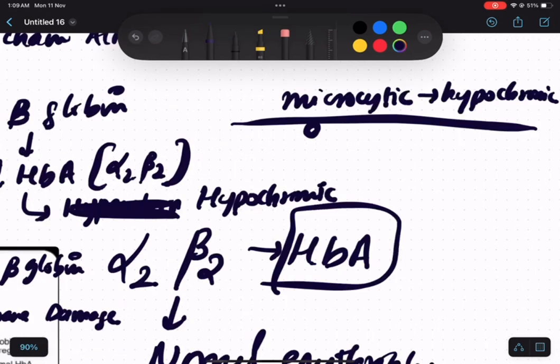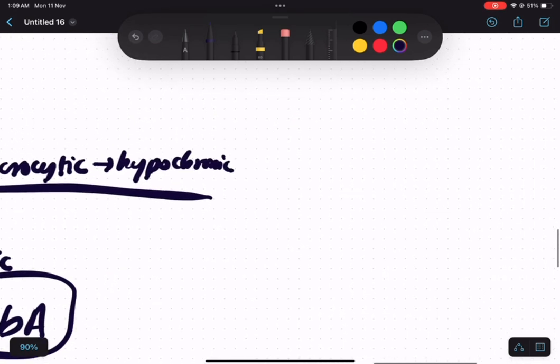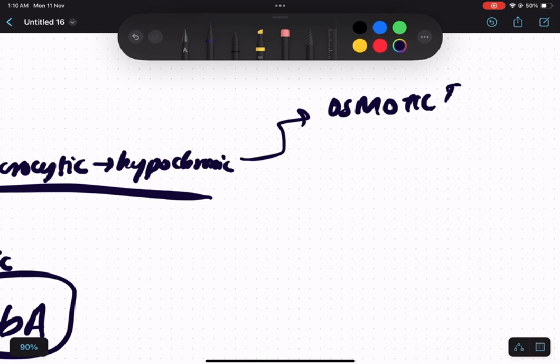In iron deficiency anemia too, we can see this microcytic hypochromic picture, but we can differentiate thalassemia and iron deficiency anemia with the help of the osmotic fragility test.